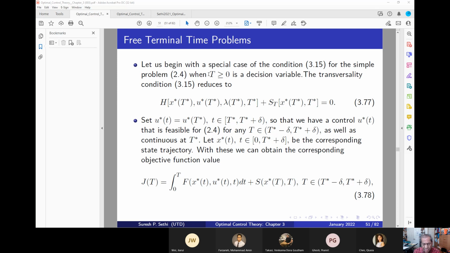I solve the problem. I compute the objective function. The objective function only has one thing, a function of T, because everything else is in terms of that T.